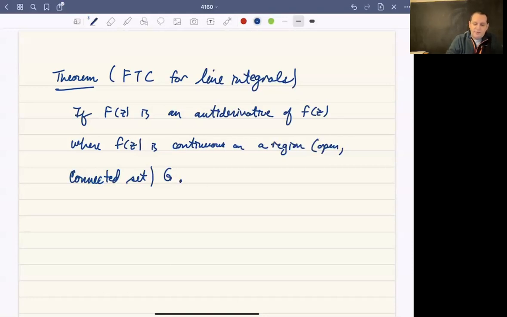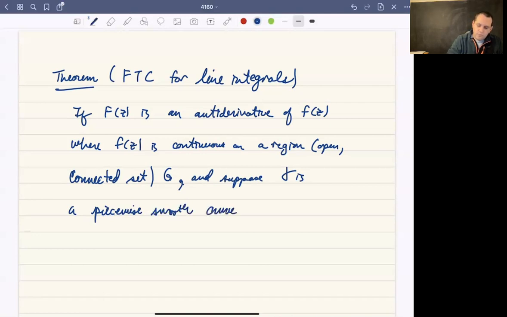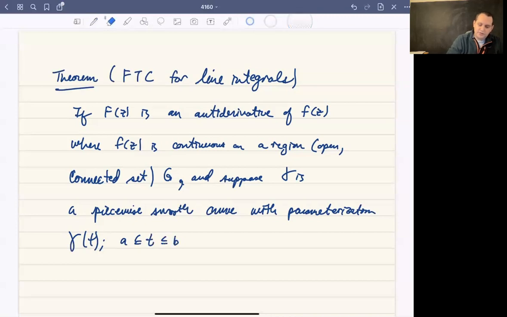So anyways, let capital F be an antiderivative of little f, and suppose gamma is a piecewise smooth curve with parameterization gamma, where t goes between two values a and b, with a less than or equal to b.